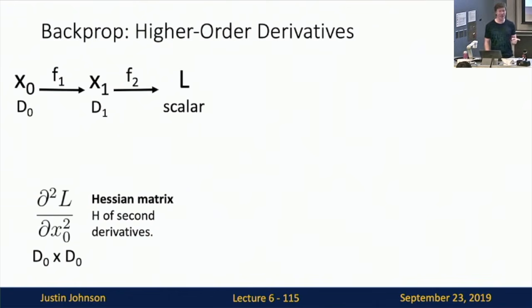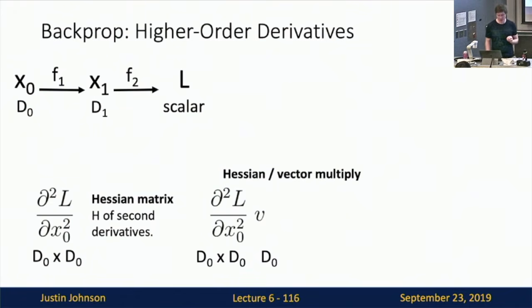But it turns out sometimes you might want to compute elements in your computational graph that are a function of this Hessian matrix. An example would be a Hessian-vector multiply. Say we have this Hessian matrix and a vector, and we want to compute this Hessian-vector product. Why would you ever want to do this? It turns out there are reasons. For instance, there's an iterative algorithm to approximate the singular values of a matrix using these matrix-vector products.